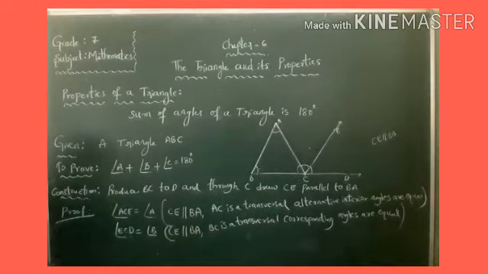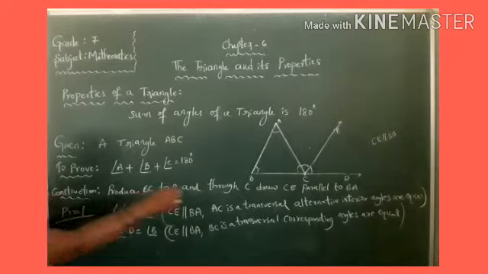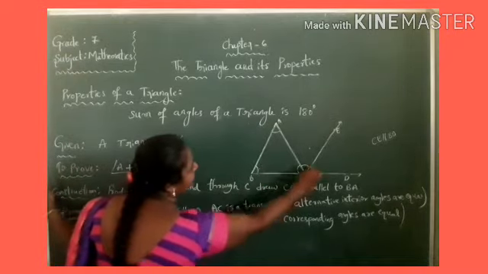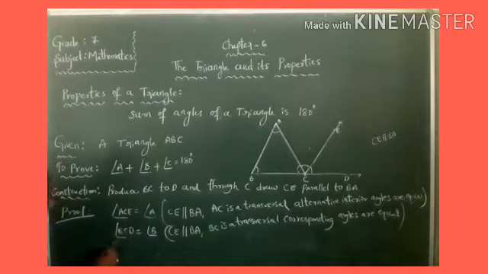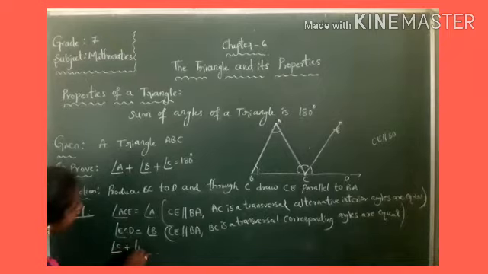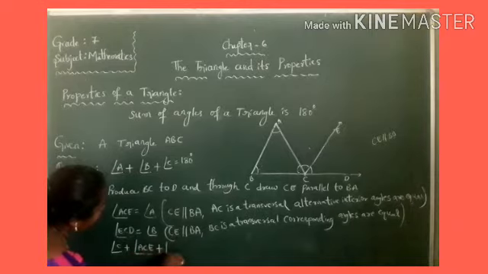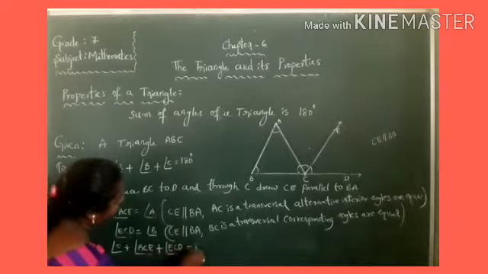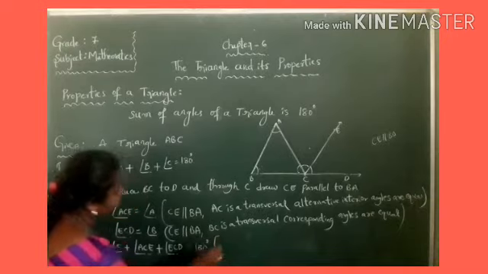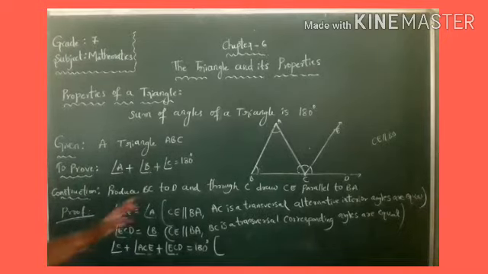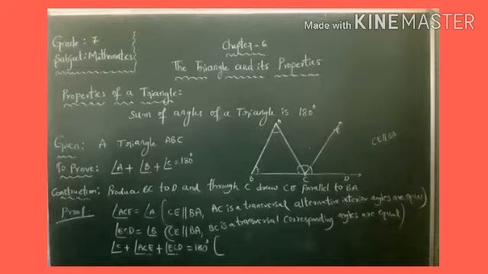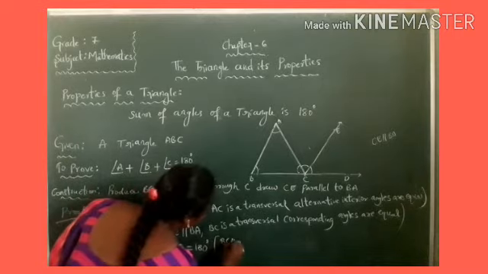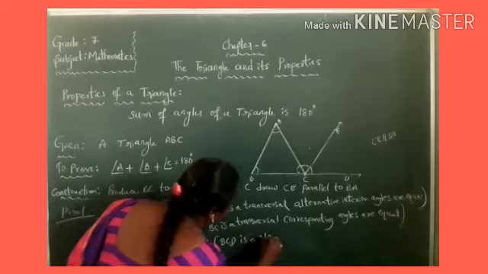So here you write angle C plus angle ACE plus angle ECD, all angles on the straight line, equal to 180 degrees. Why? Because BCD is a straight line, the sum of angles at a point.